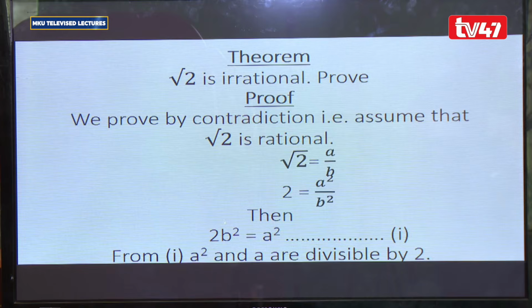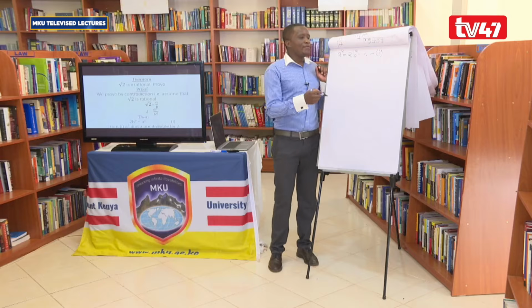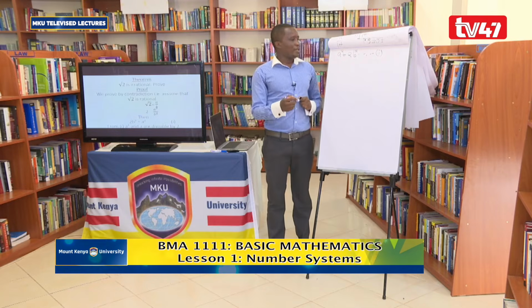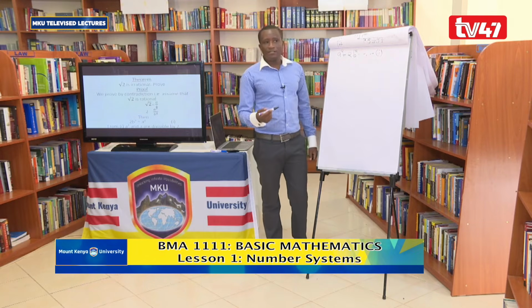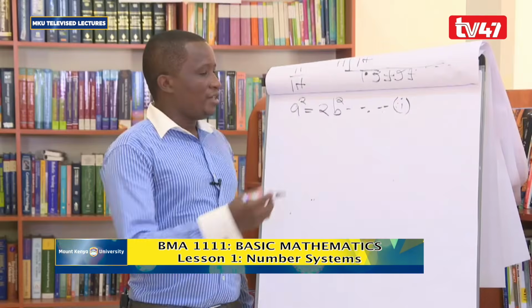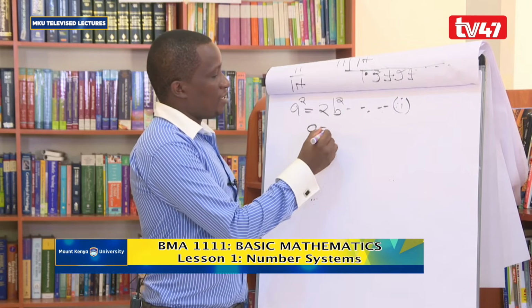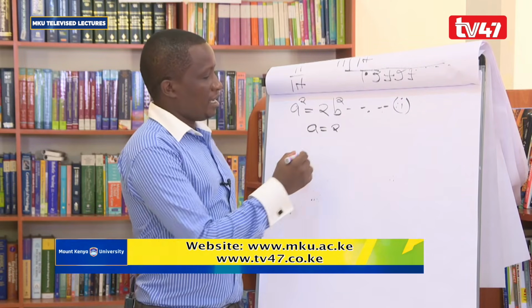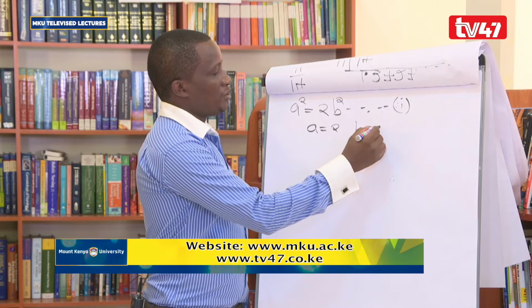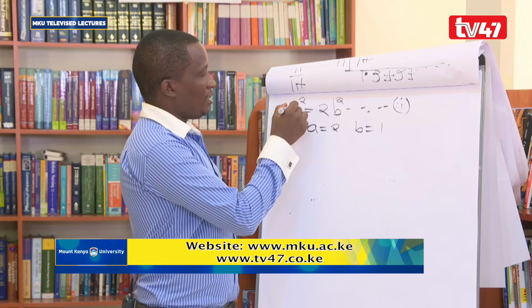And from this, if we label this as equation 1, then we are saying that for any square numbers written in the form of a squared equals 2b squared, then a squared, and a, must be divisible by 2. And in fact, we can illustrate with an example. Let a be equal to 2 and b be equal to, say, 1.